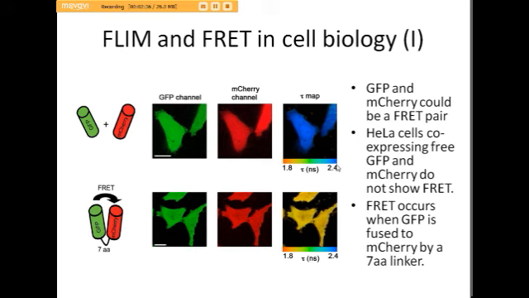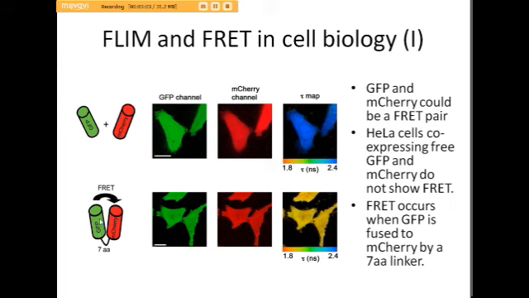Blue means 2.4 nanoseconds, green is something between 1.8 and 2.4, and red means 1.8 nanoseconds. From this image, we can see that the fluorescence lifetime of most of the GFP donor is about 2.4 nanoseconds.